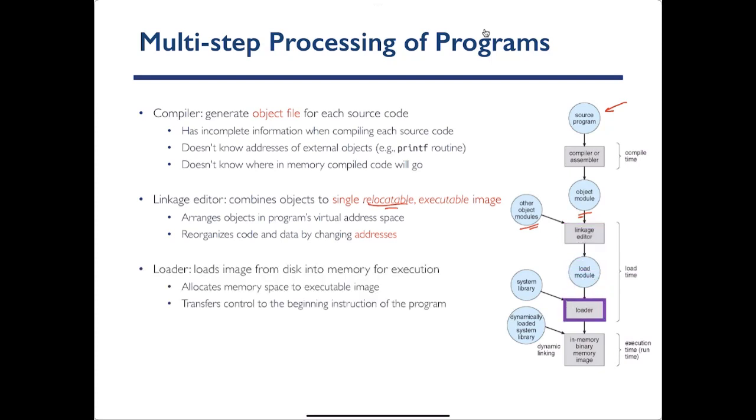Next is the loader. So this is when you are getting ready to execute your code. So at this point, you get your executable image and you bring it to the memory. So this would require the loader, sorry, which is part of the operating system, to allocate some memory for this image, and then copy the image to the memory, and then eventually transfer the control to the beginning instruction in this image.